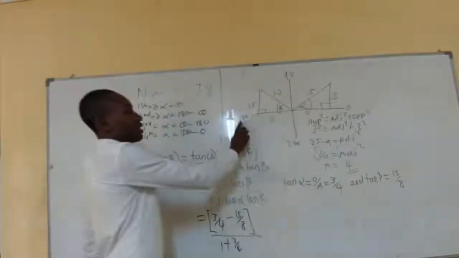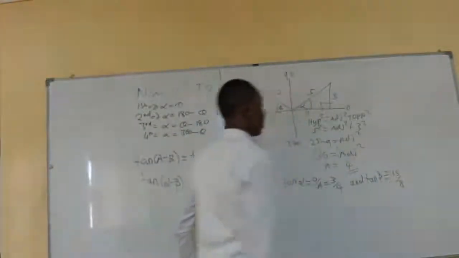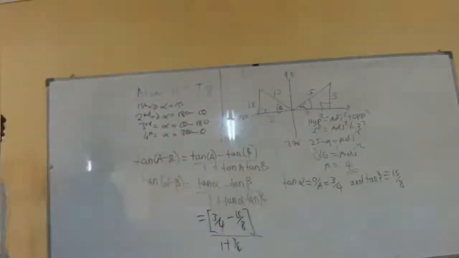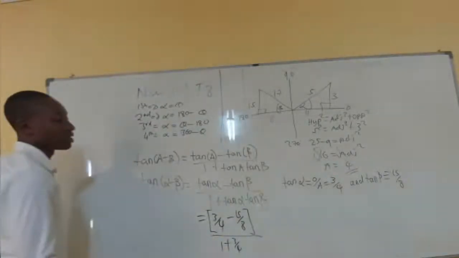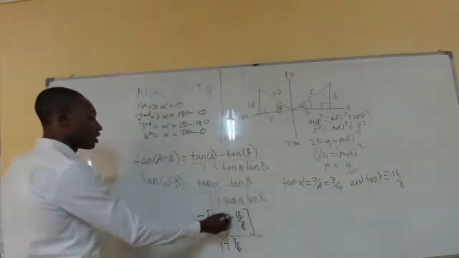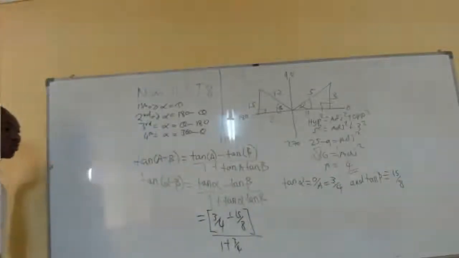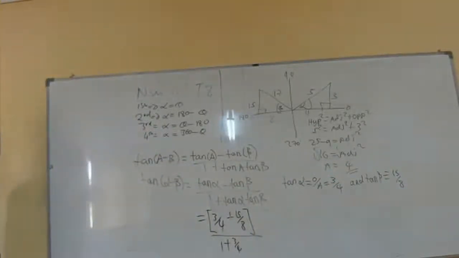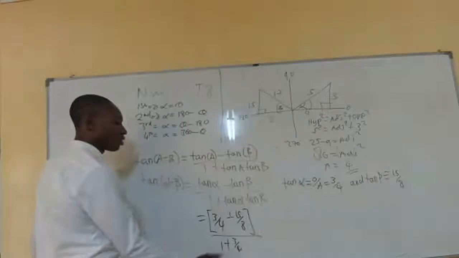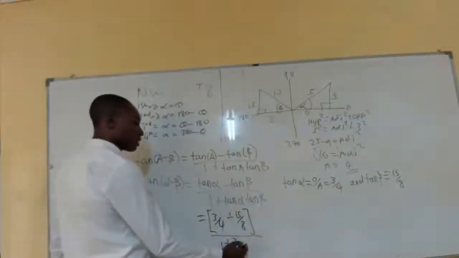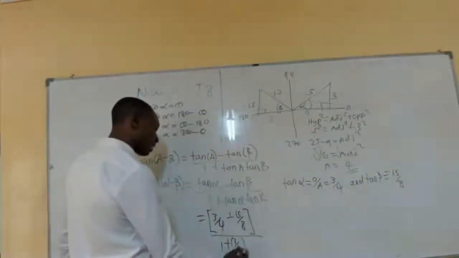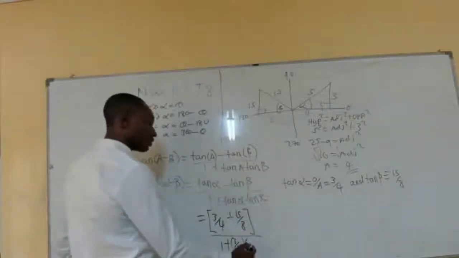So this will be 3 over 4 plus 15 over 8, over 1 plus 3 over 4 multiplied by negative 15 over 4.